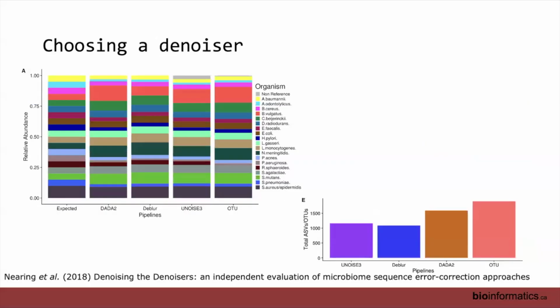Yeah. So this was a comparison a few years ago by Jacob, who was a previous PhD student with Morgan. He ran all of these different denoisers. If you look here on the left, we have the expected community, so these were using a mock community. You do get slight differences depending on which denoising pipeline you use, and particularly you get different numbers.